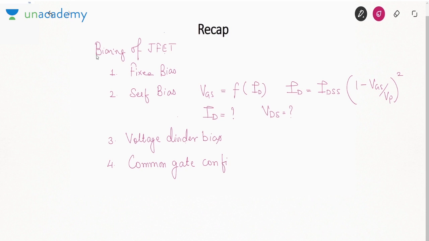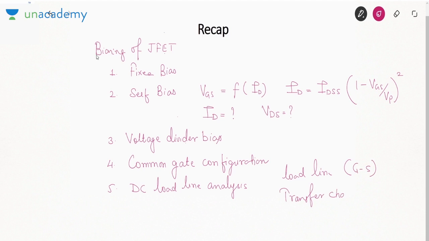We also saw how we can graphically find out the Q point in terms of DC load line analysis. In this I told you that we have to find the intersection between the load line, which is obtained using the circuit between gate and source, and the transfer characteristic. Transfer characteristic means this equation, which is your Shockley equation. So this much we covered in the last video.